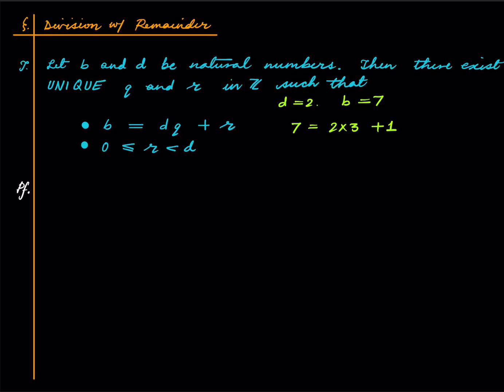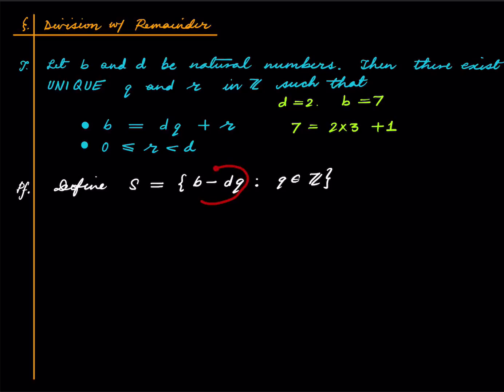Okay, so we define the set S as b minus dq, where q is in integers. So what is this? We collect all the possible differences that you can get as you vary q over all the integers.